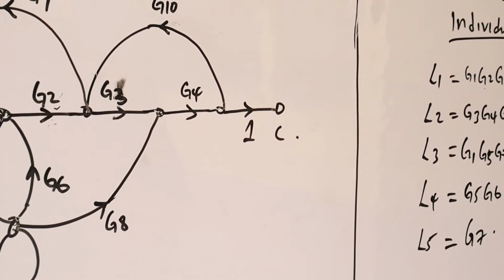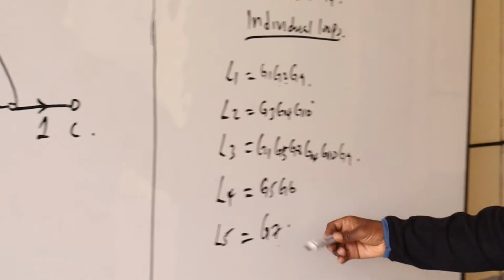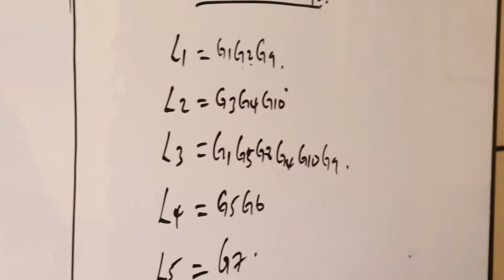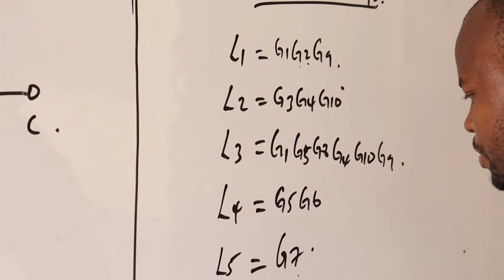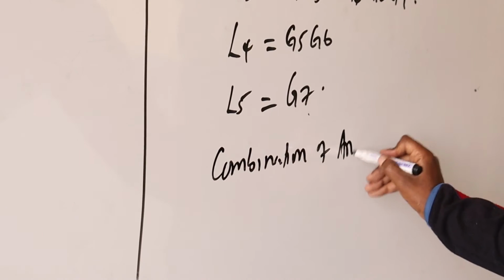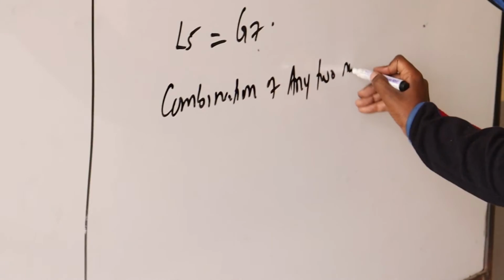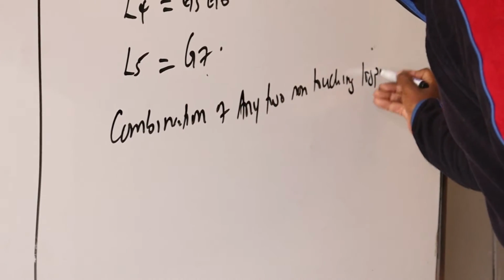They don't share. The first loop and the fifth loop, this and that, don't share a node. So you can talk of their product. So we can talk of the combination of any two non-touching loops.